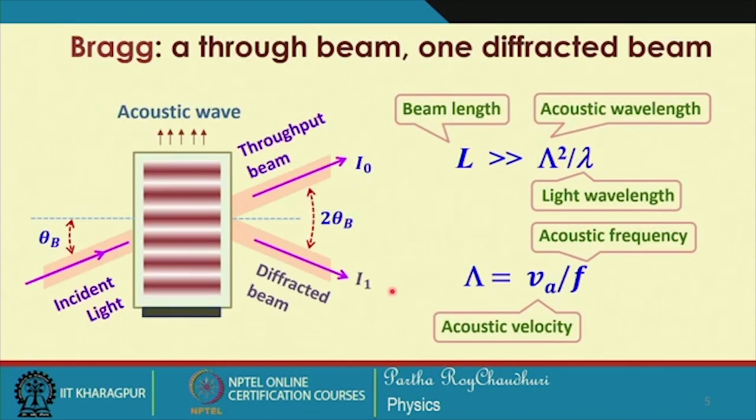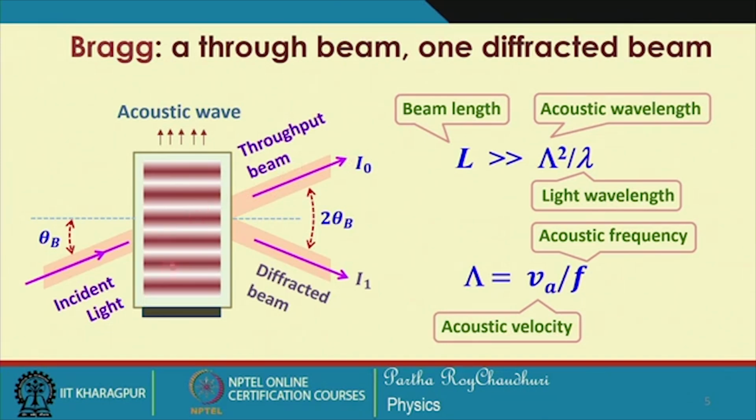So, Bragg type modulator, as we know, you have an incident optical beam and there is an acoustic wave. In absence of the acoustic wave, the beam will pass through, and that is what we call the through beam.